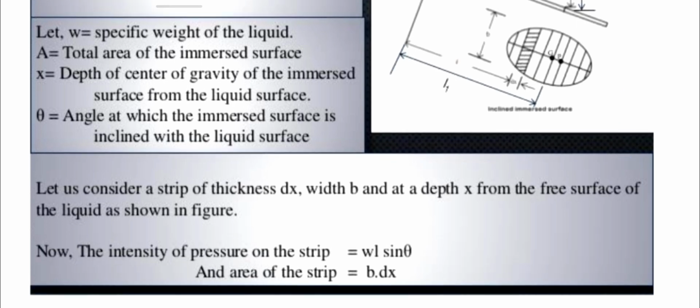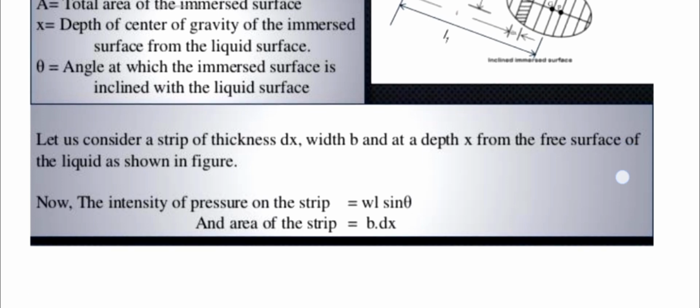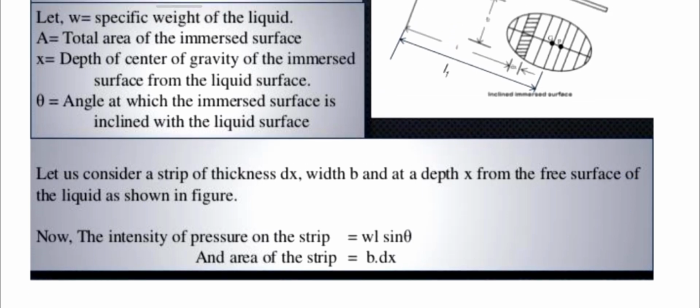Let w be the specific weight of the liquid, A the total area of the immersed surface, x bar the depth of the center of gravity of the immersed surface from the liquid surface, and theta the angle at which the immersed surface is inclined to the liquid surface.